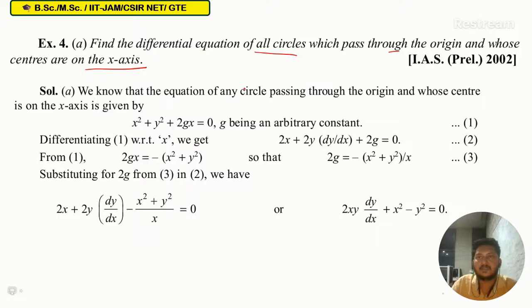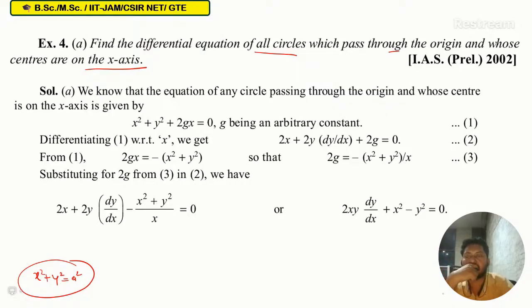First, maybe you understand the last one, where x square plus y square equals a square is a family of curves centered at origin. Now here, first of all, in the solution, you know the equation of a circle passing through the origin with center on the x-axis.